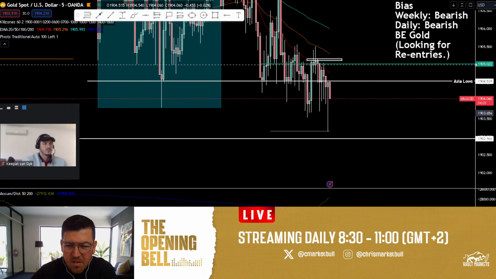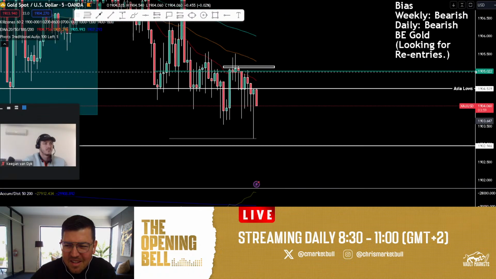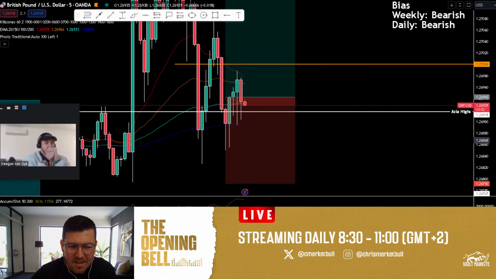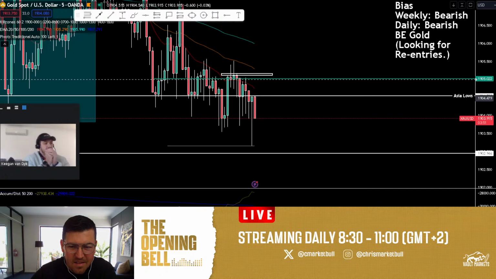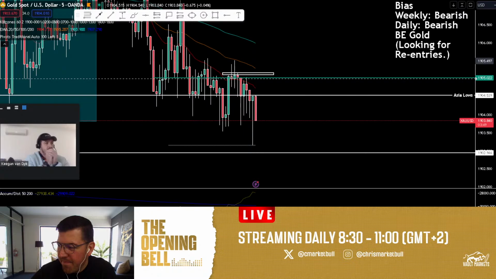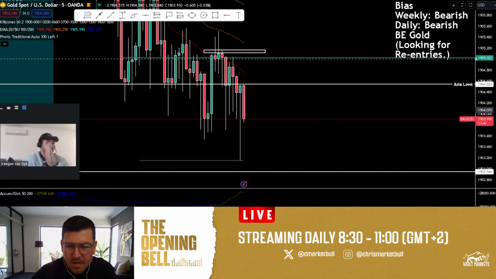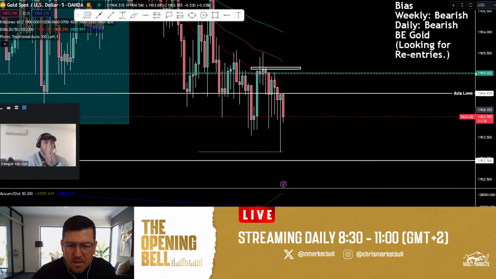Gold is holding this level, this 1903, 1904 level. I'm watching it. It's interesting, but like I was mentioning, I feel like this is the last stand for gold, so it's got to get everything. Bulls have to come to the party now, because I feel if they don't, they're going to flush it.